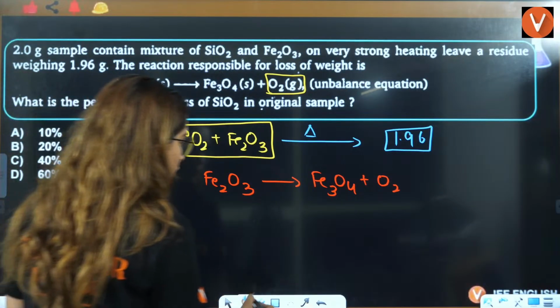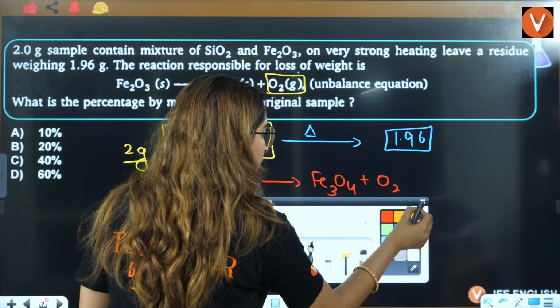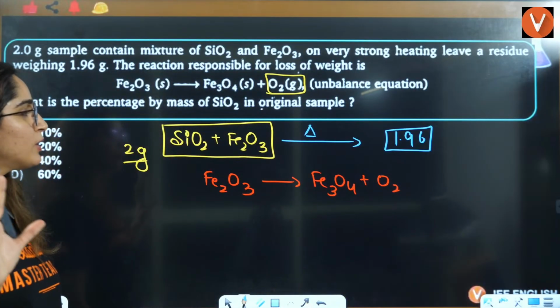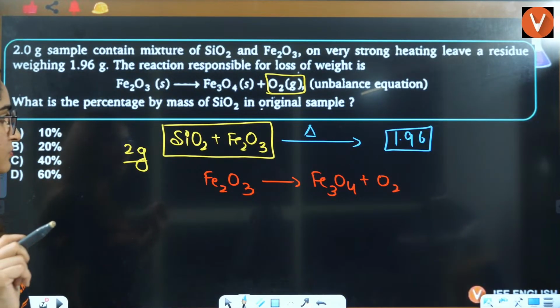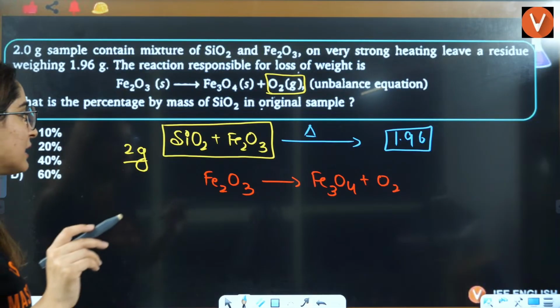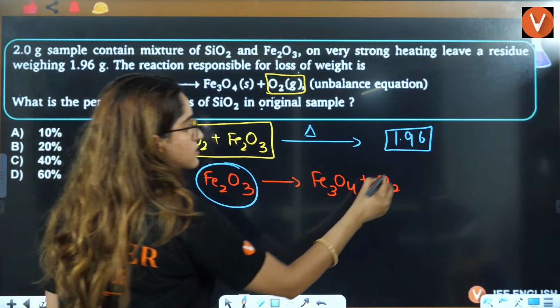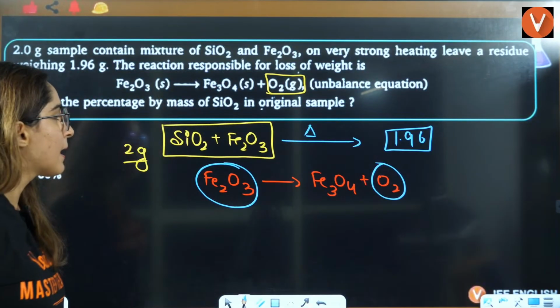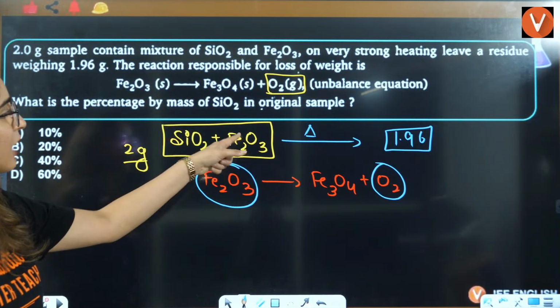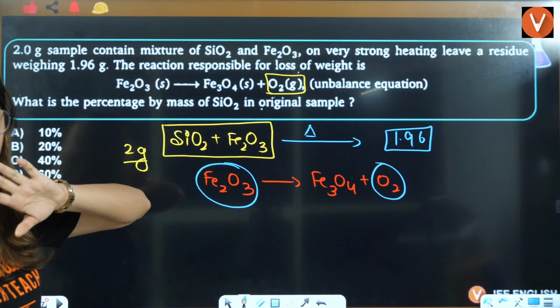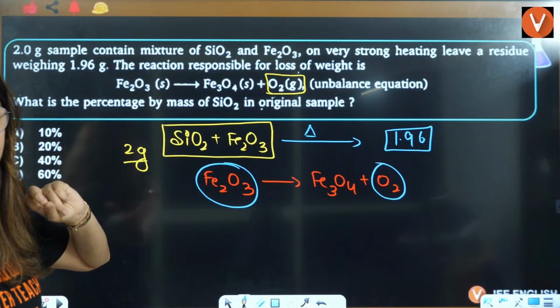Now, understand one thing. If I am able to calculate how much Fe2O3 is there, then I can easily answer this.